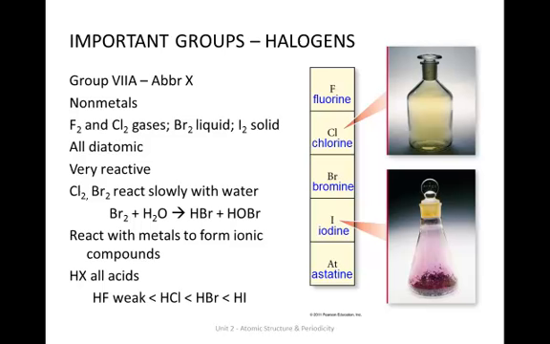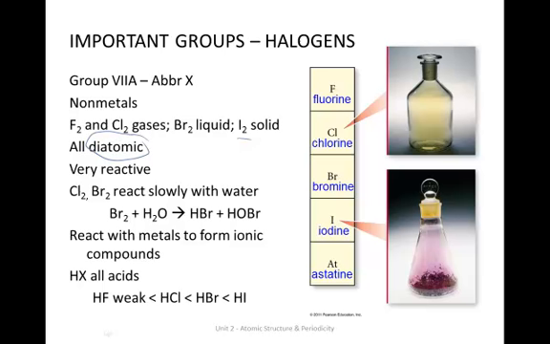Over on the other side of the periodic table, we have group 17, or group 7A, collectively known as the halogens. Most of them are pictured here: fluorine, chlorine, bromine, iodine, astatine. They are all diatomic, meaning they occur in nature as I2, Br2, 2 atoms of the element bonded together.